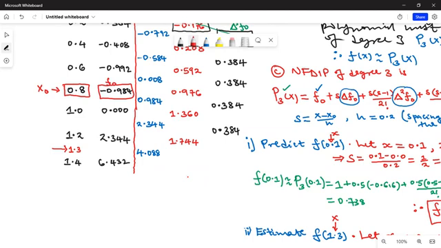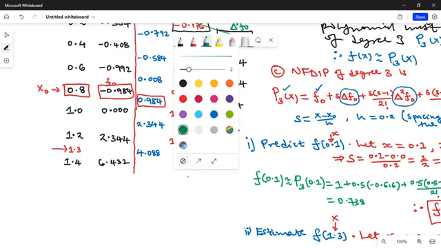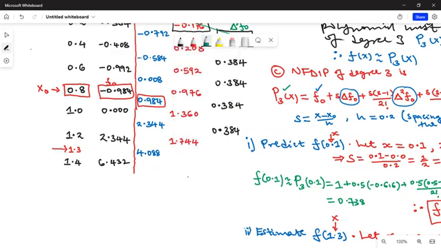So the value here is delta f naught, because we are reading it along the, let me draw the line. This is how we need to read the values. You read along this line. You have to slope downwards.